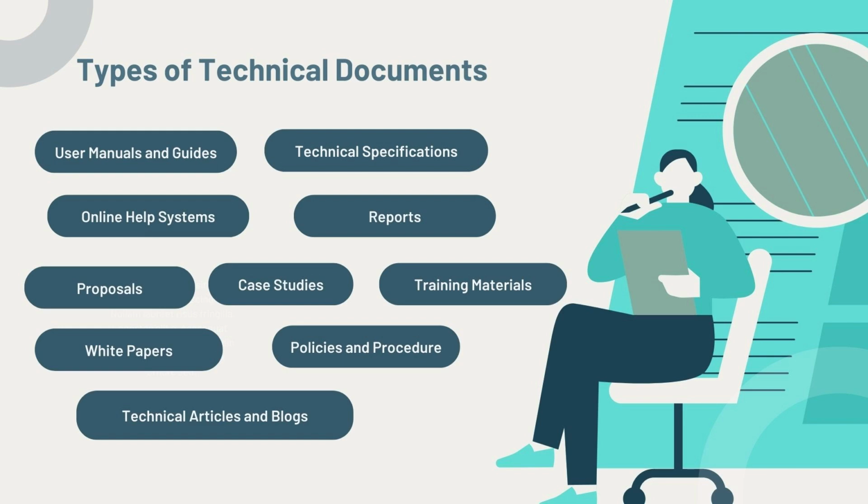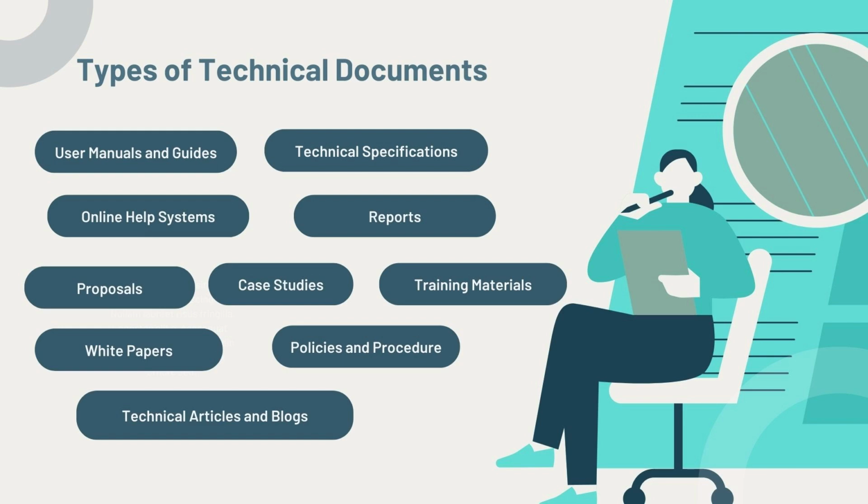We have case studies. These are basically a real life example of how your software product helped to solve a specific problem. Basically, these types of documents demonstrate the value of a given software product or any other product outside the software space. We have training materials.